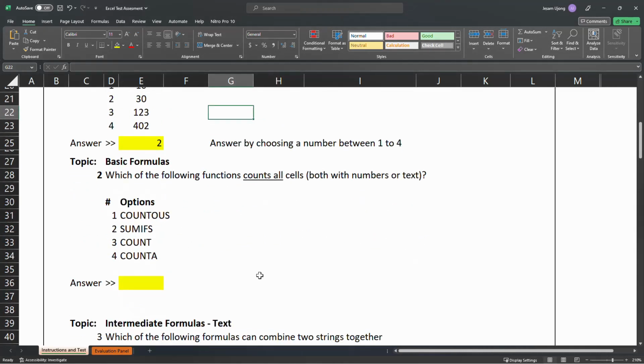Our next question. Which of the following functions counts all cells both with numbers and text? Any answers? No, I don't want 4. I don't want numbers, leave the numbers for me. Give me the answer.